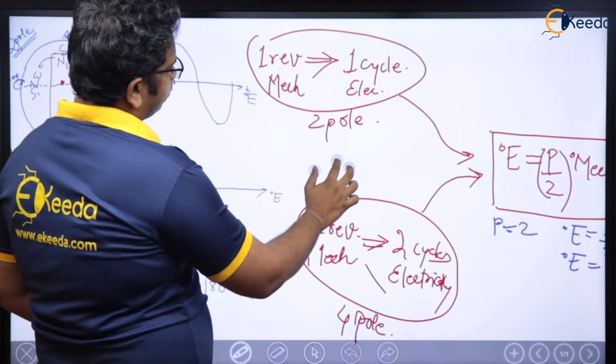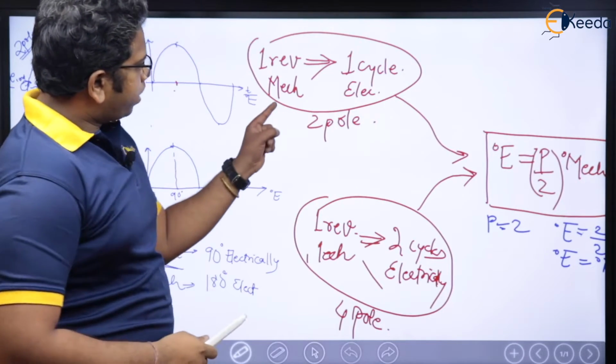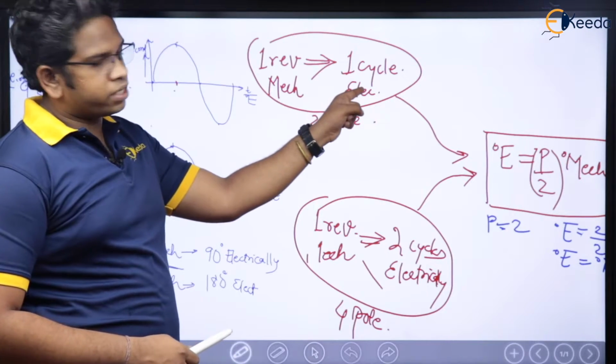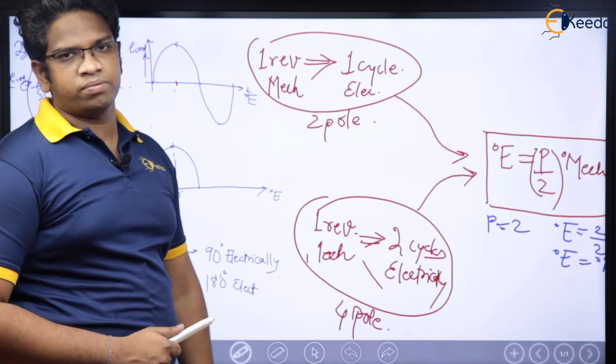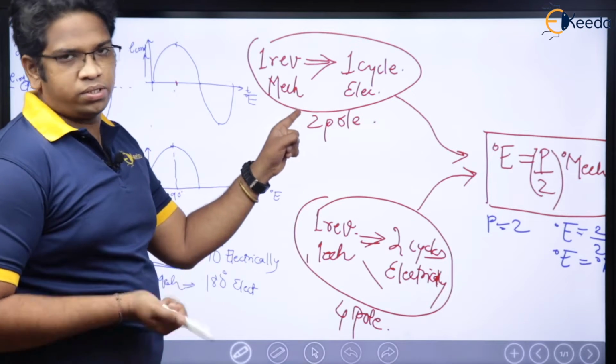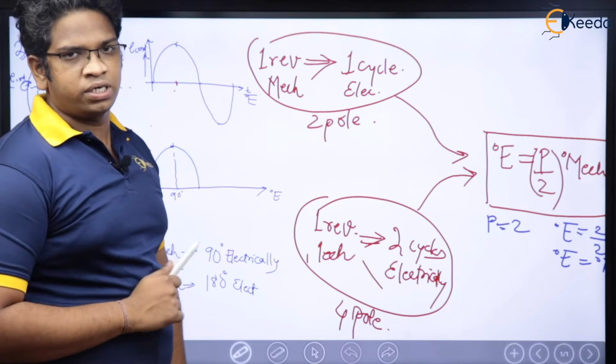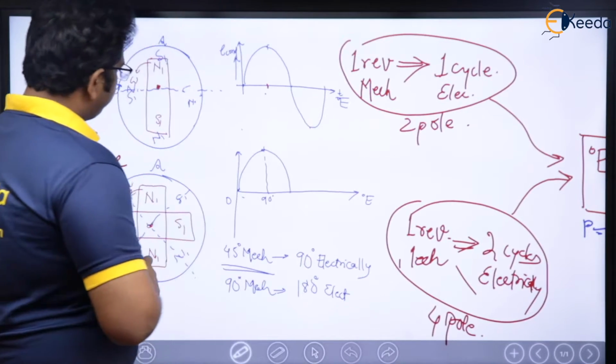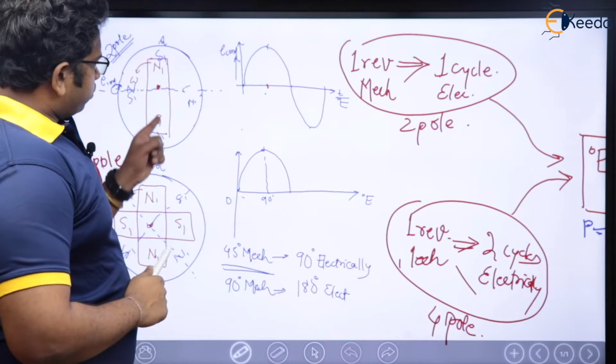In the sense, when mechanically I complete 360 degrees, I get 360 degrees completed here electrically. One revolution means same only, no, 360 degrees only. If you don't believe me, you please see here. See, this was N1 S1.